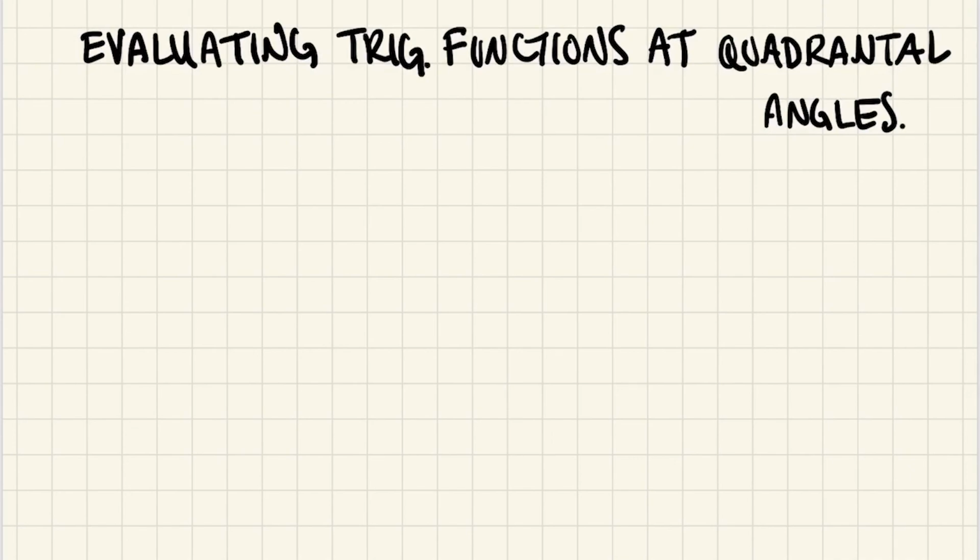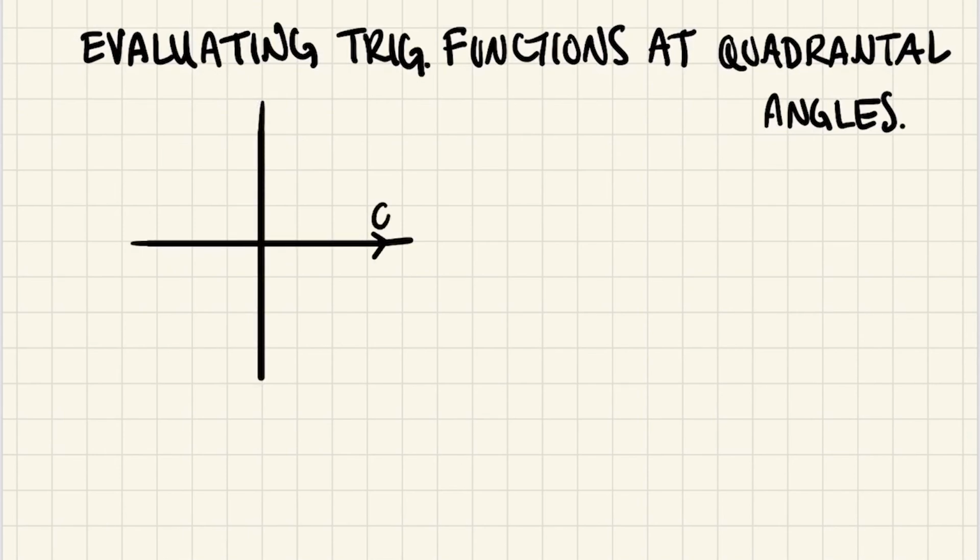All right, while we're still lacking a way of truly evaluating trigonometric functions at any old specific angle we're given without knowing an xy coordinate, what we can do, using the definitions so far, is evaluate trig functions at quadrantal angles. So remember, a quadrantal angle is just an angle that coincides with one of the axes in standard position.